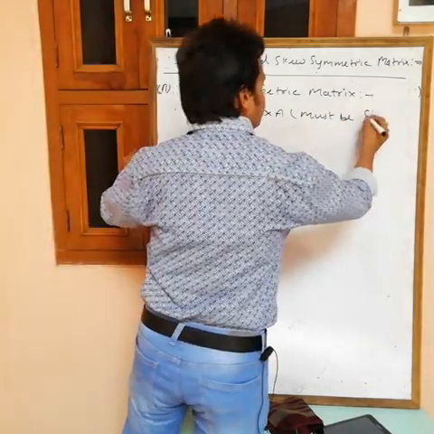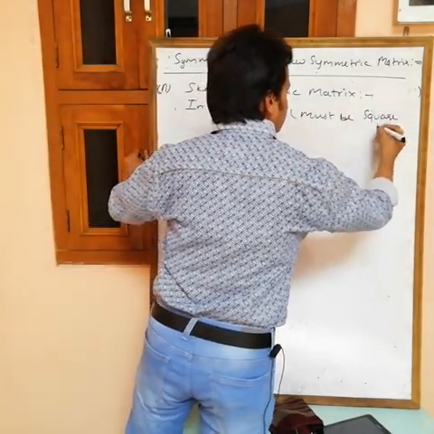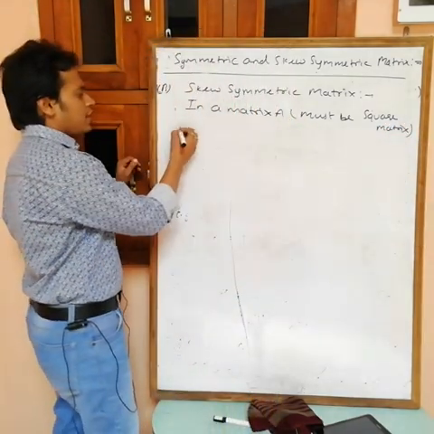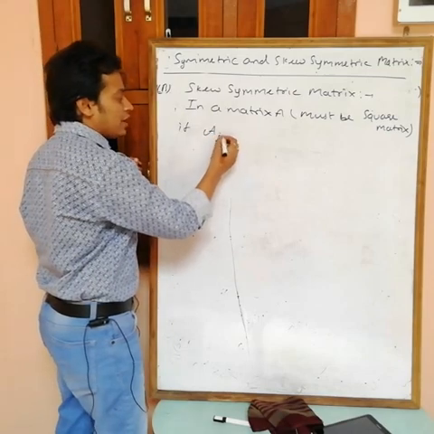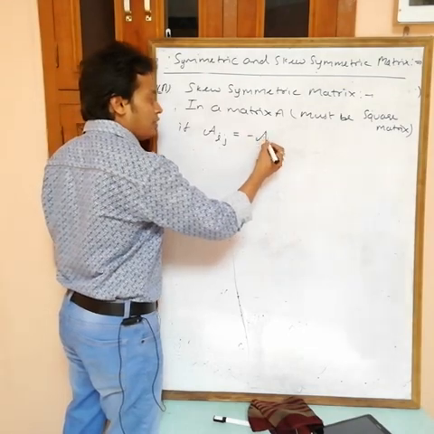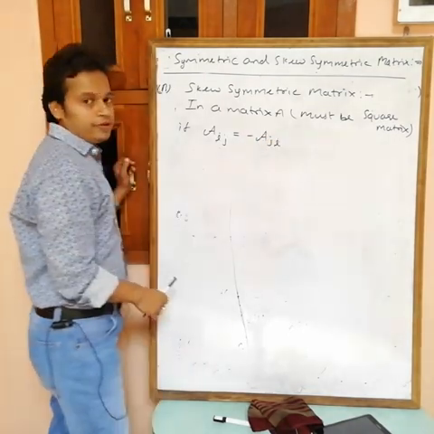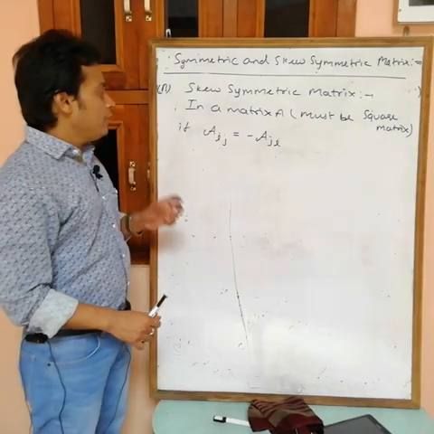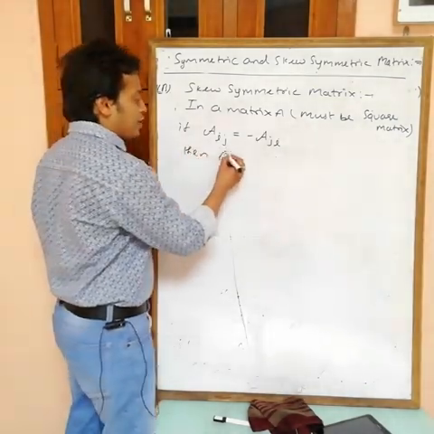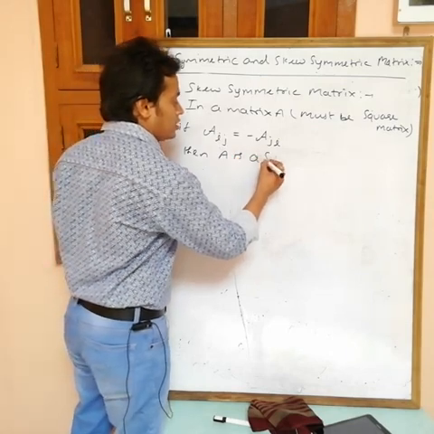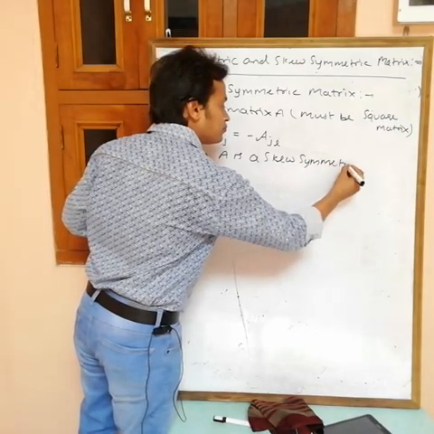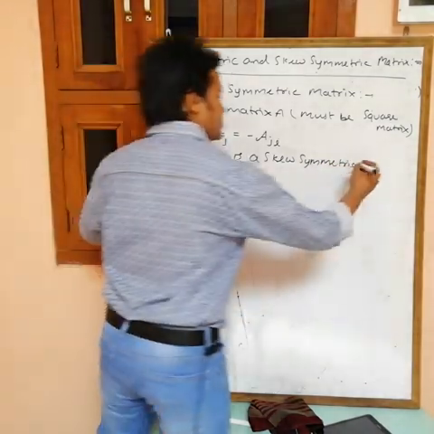Now in a matrix A, if the ijth element of A is equal to minus of the jith element, then A is a skew symmetric matrix.